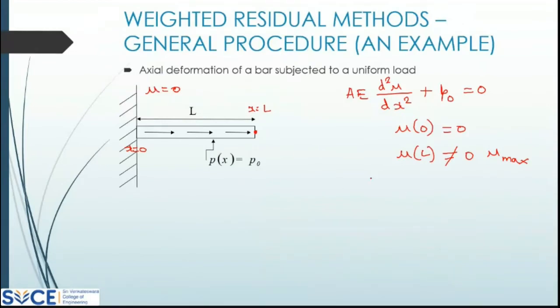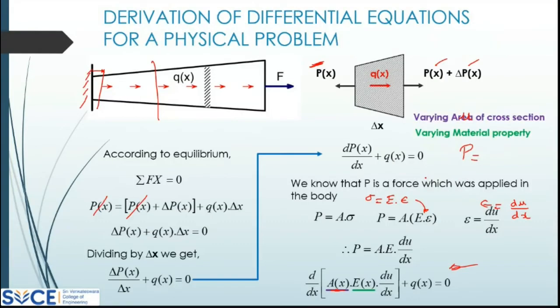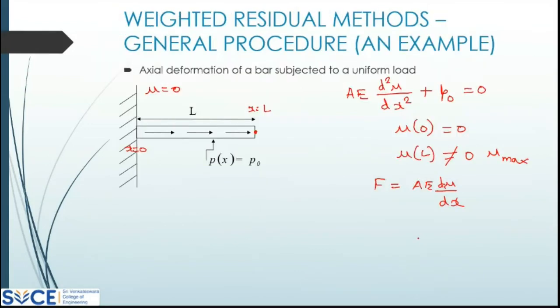If there is no point load, F, which we call AE du by dx, from the previous step you can see P is a force which is AE du by dx. So in that case, this is equal to 0: AE du by dx at x is equal to L is equal to 0. This is my boundary condition.